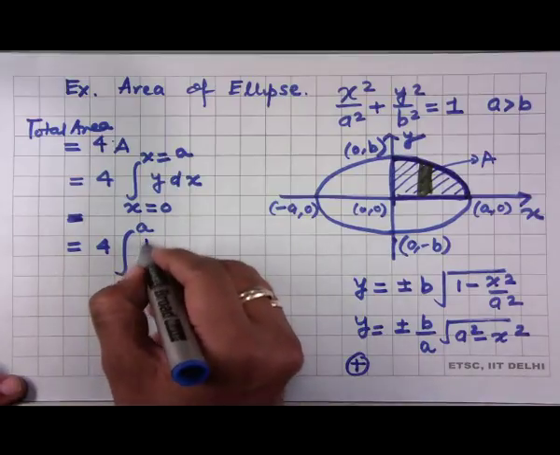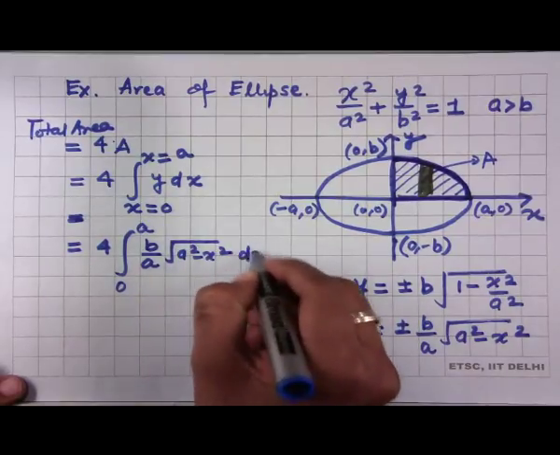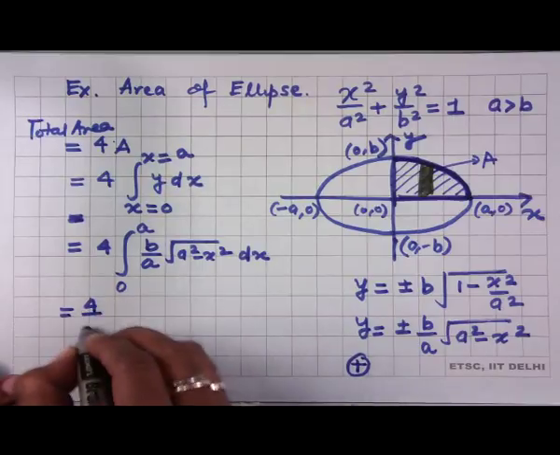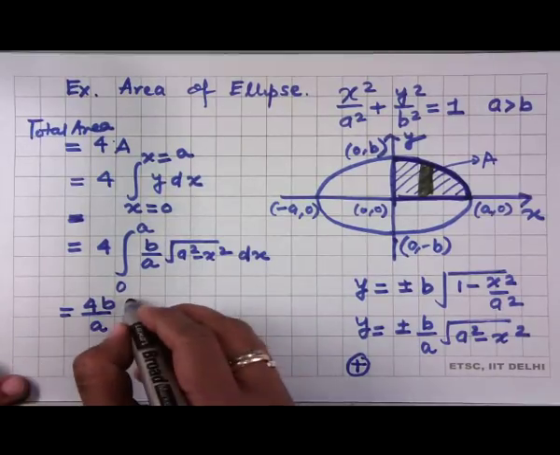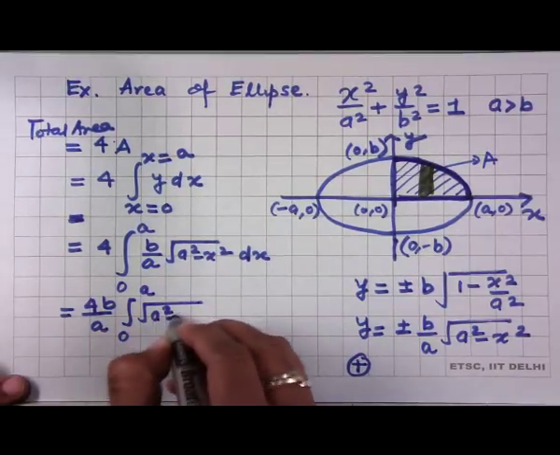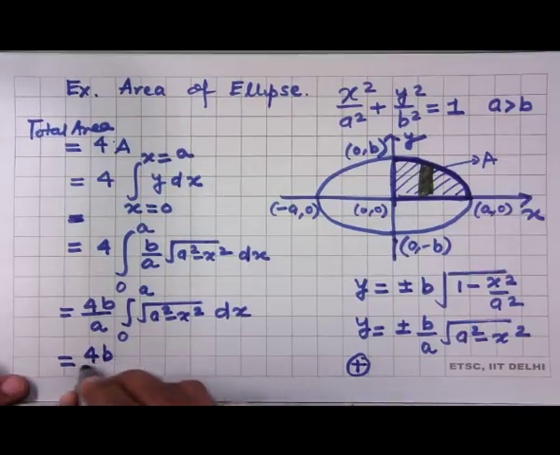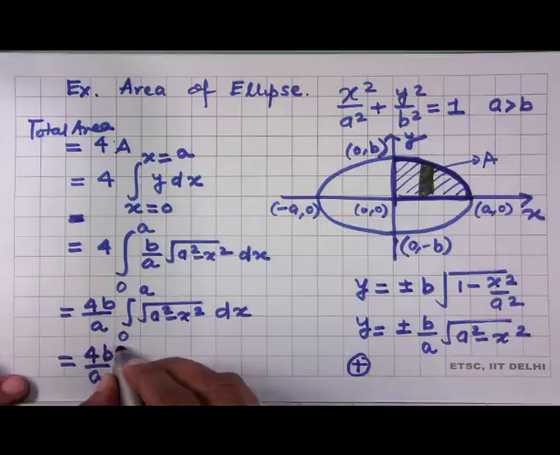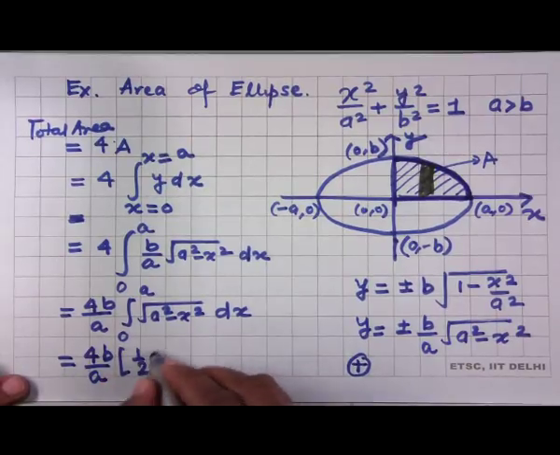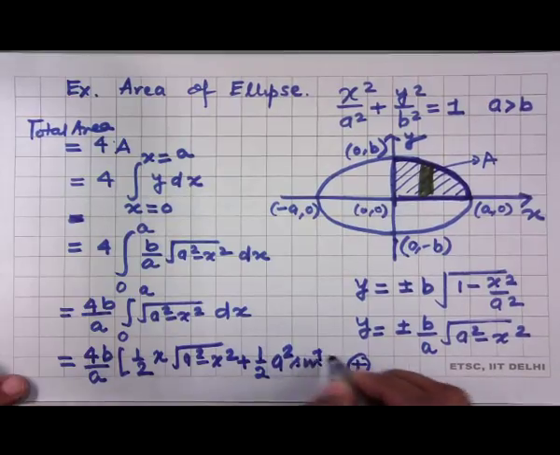So we get b by a under root a square minus x square dx, from 0 to a, which is equal to 4b by a [1 by 2 x under root a square minus x square plus 1 by 2 a square sin inverse x by a].